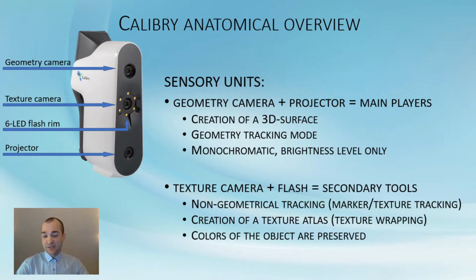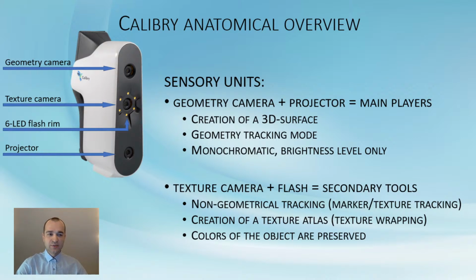And in the middle here, there is a texture camera and a 6 LED flash rim, which is another combination of light source and sensor. So this flash rim creates light conditions for the texture camera to make pictures, and the texture camera makes colorful pictures. The geometry camera is monochromatic, so it only cares about the brightness of the color.